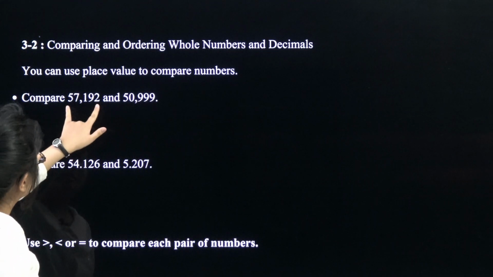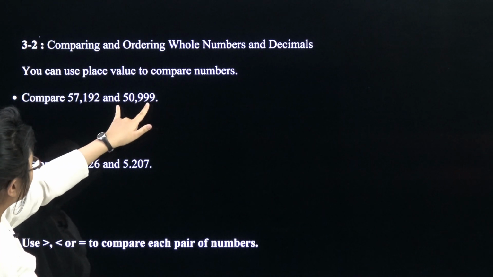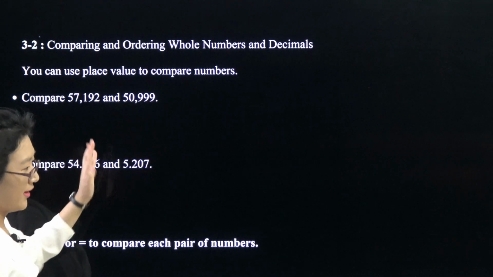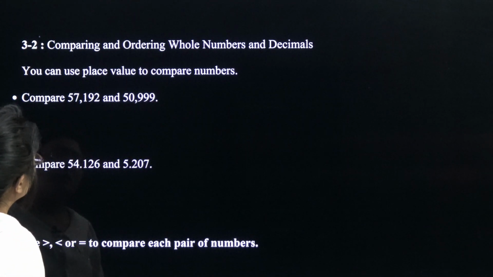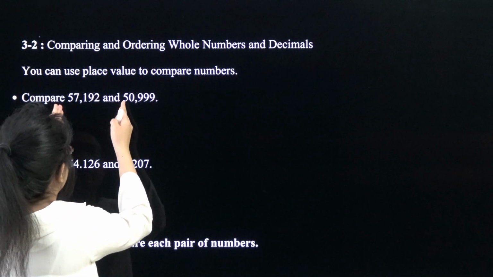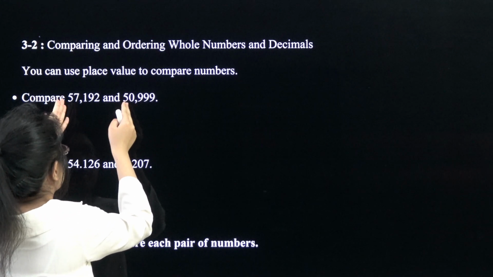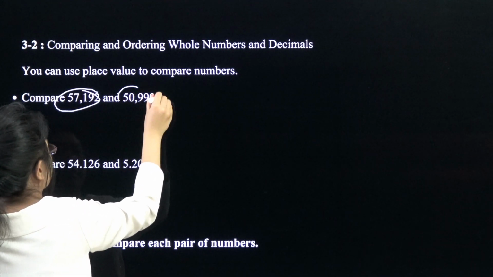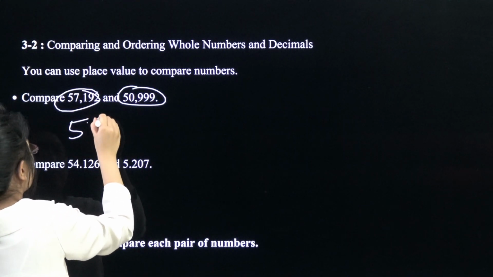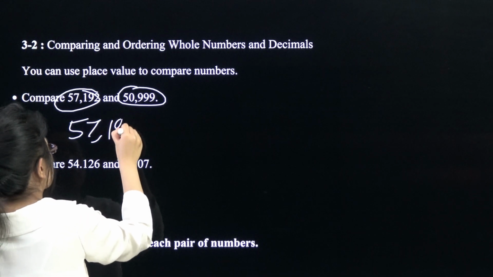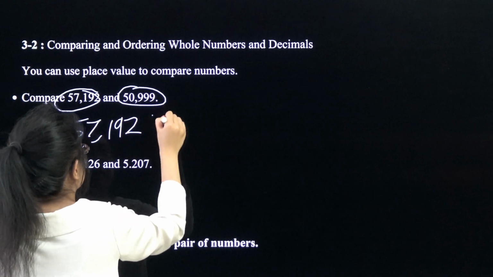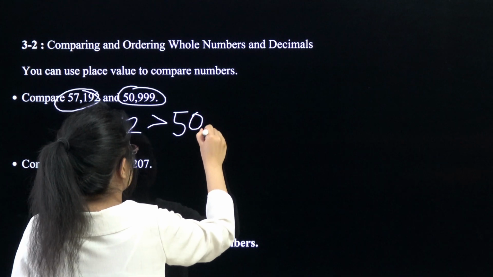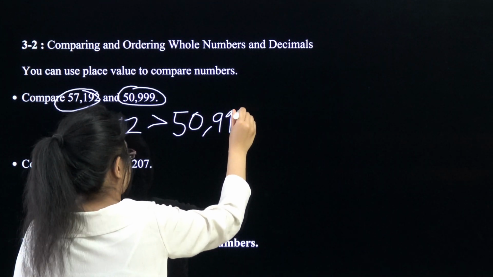Now we can tell that these two numbers have the same place value for their leftmost digit. So we move on. 5 and 5 are the same, 7 and 0 are different. 7 is bigger than 0, so this number is bigger than this number. Therefore, 57,192 is bigger than 50,999.